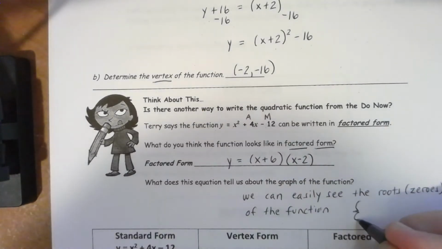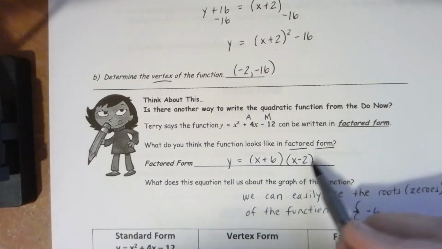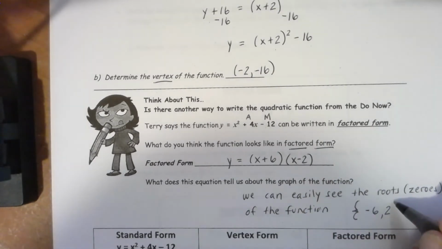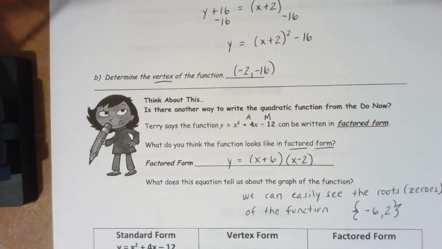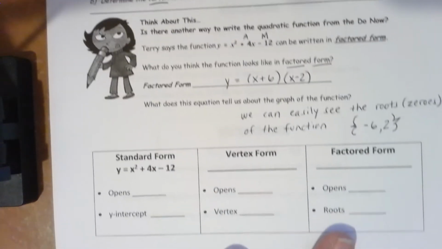So one of the roots would be -6, and another root would be +2. And that means that when we graph this function, it will cross the x-axis at -6, and it will also cross the x-axis at 2. It will be a parabola, and it will cross the axis in those spots.